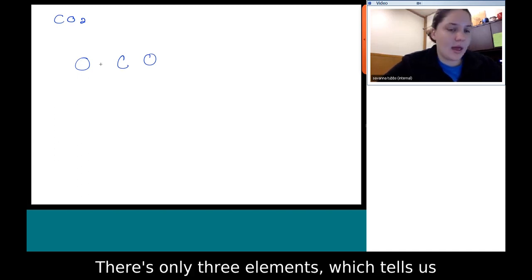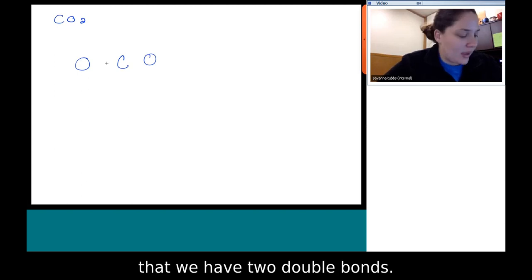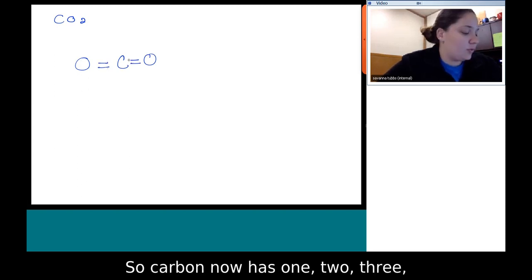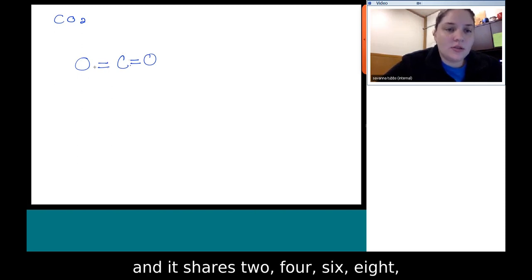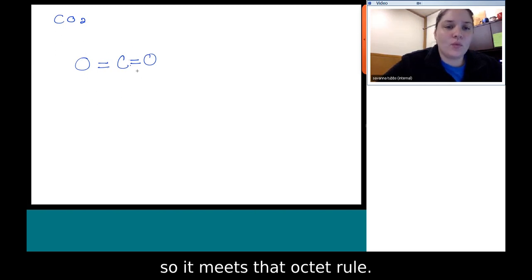There's only 3 elements, which tells us that we have 2 double bonds. So carbon has 1, 2, 3, 4 valence electrons of its own, and it shares 2, 4, 6, 8, so it meets the octet rule.